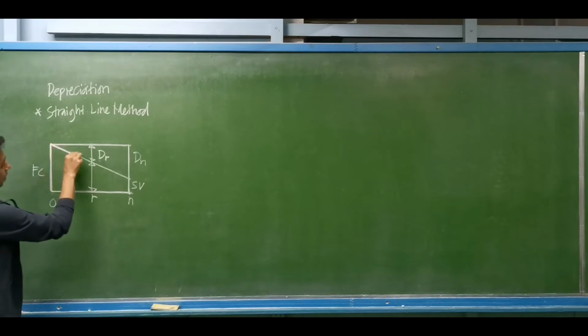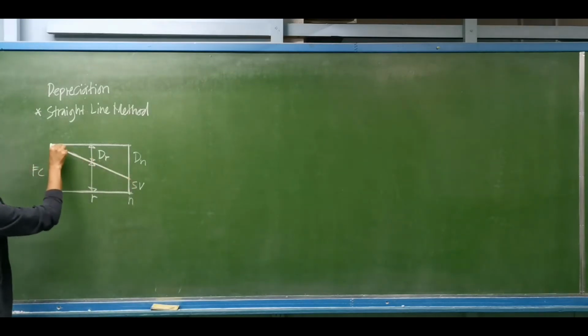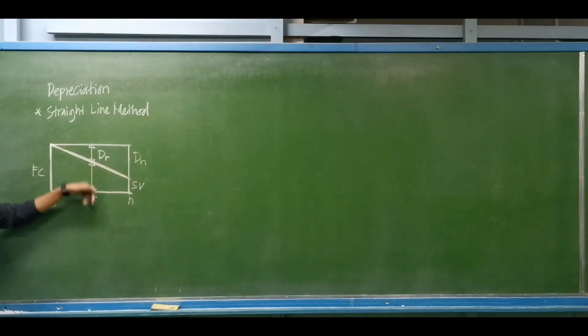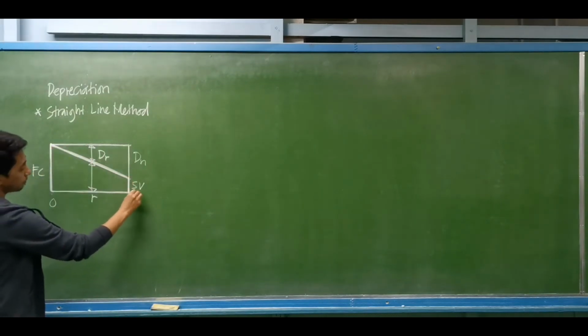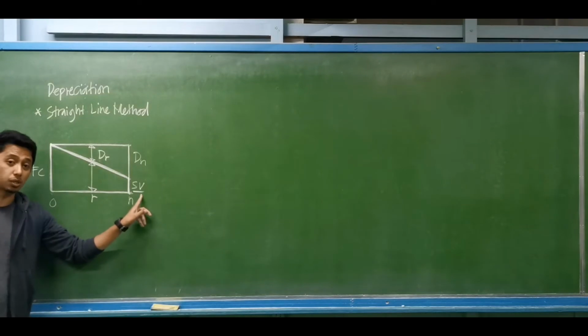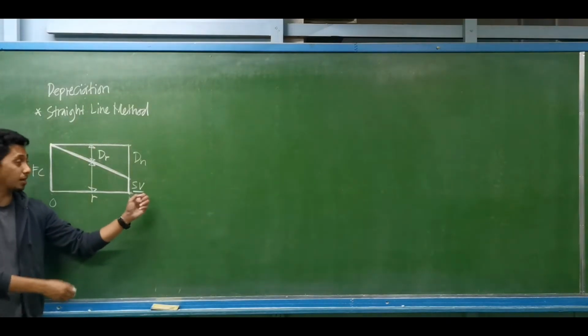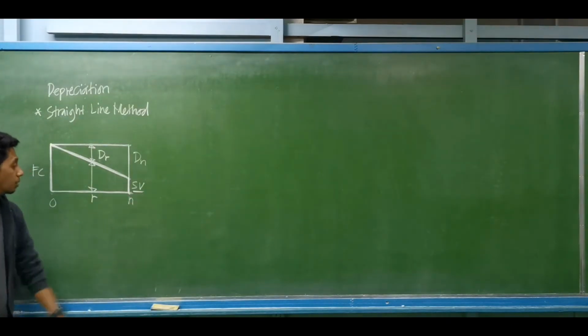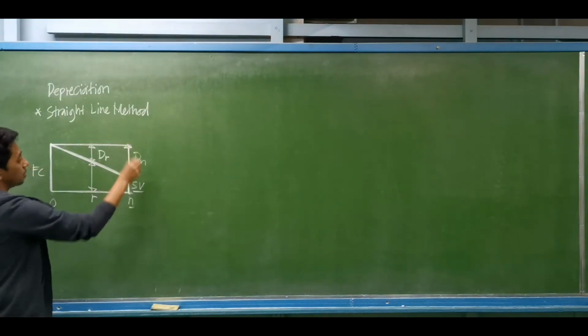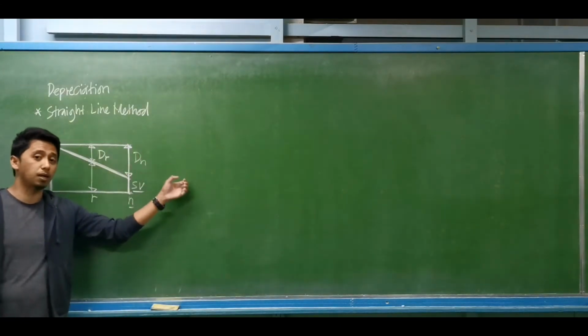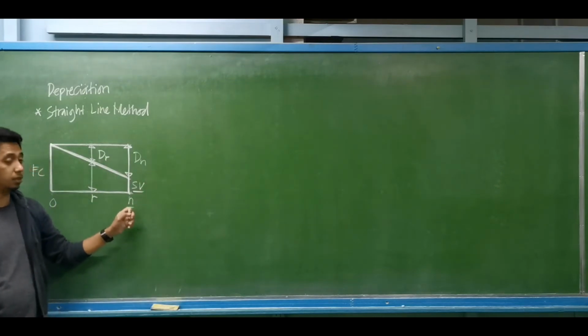As time goes by, the value of that property will go down. After its useful life, you can sell it with this scrap value or the salvage value. After n years, this will be the value, let's say dn, that is the total depreciation after n years.